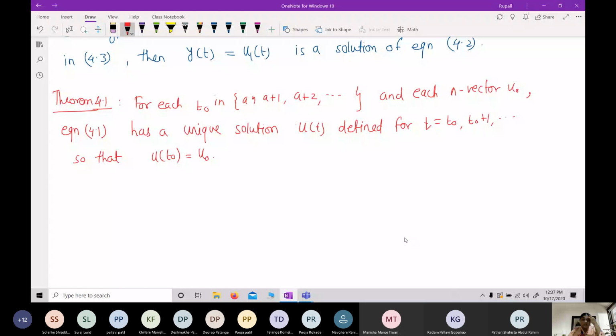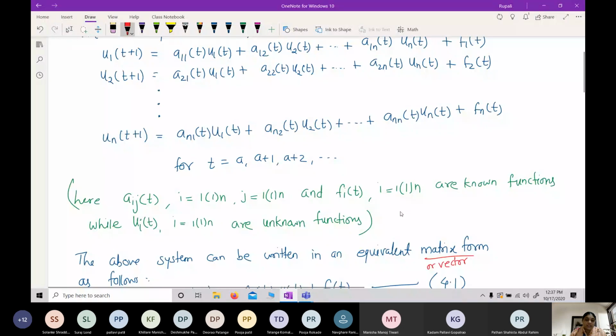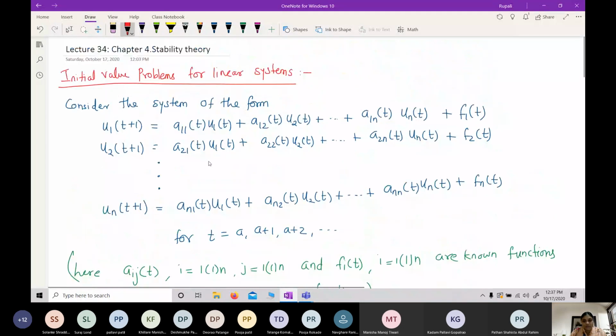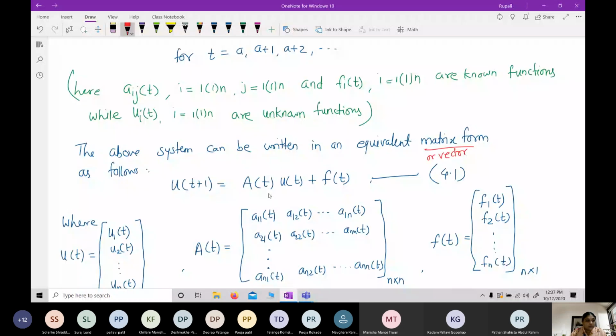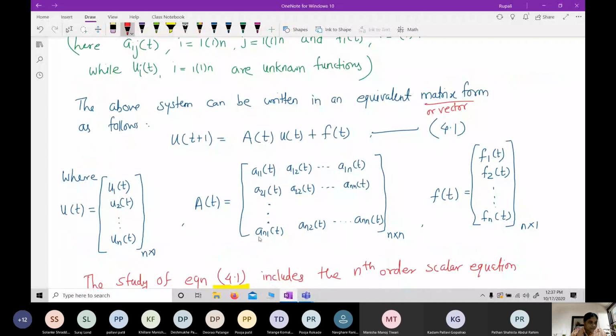So whatever system we have seen, A of t is dependent on t. Suppose my A is independent of t, then it will be just this matrix.